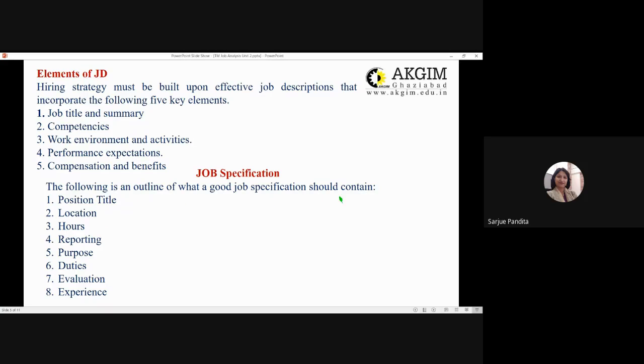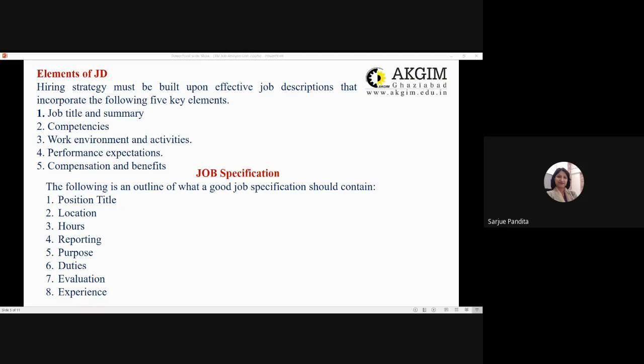Job analysis should contain position title, location, hours, reporting, purpose, duties, evaluation, and experience. Basically, job specification is purely related to the job. That means what the job is having. And JD is what is expected, what a person or incumbent should have to perform that particular job.